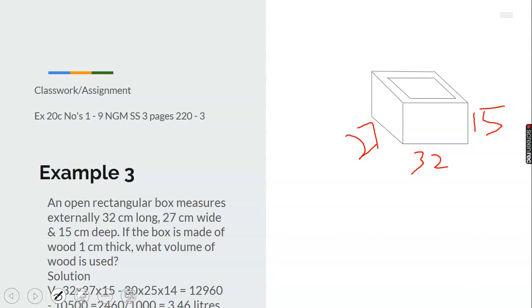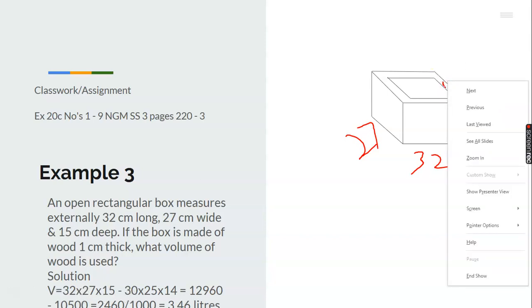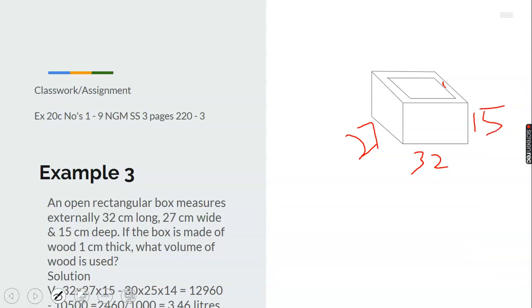If the box is made of wood 1 cm thick, here is 1 cm, 1 cm, 1 cm, what volume of wood is used?